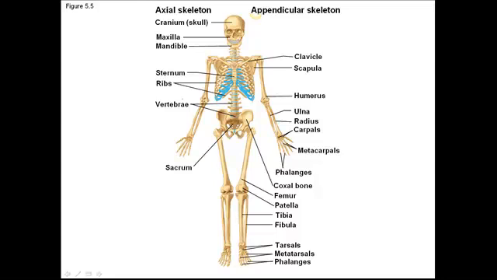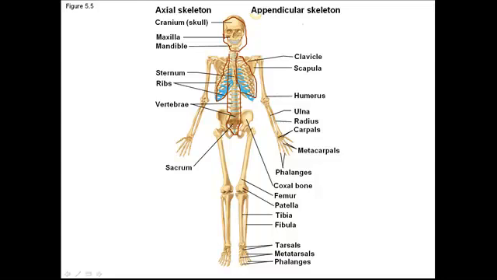So there are two divisions of the skeleton, the axial skeleton and the appendicular skeleton. The axial skeleton includes the head, okay, the whole head, the whole spinal column, right? The sternum, the ribs, and that's it.